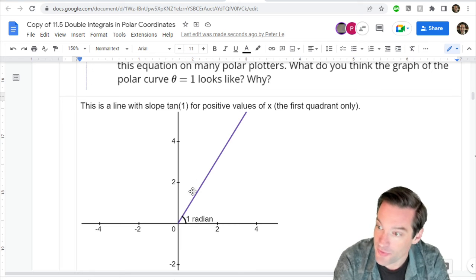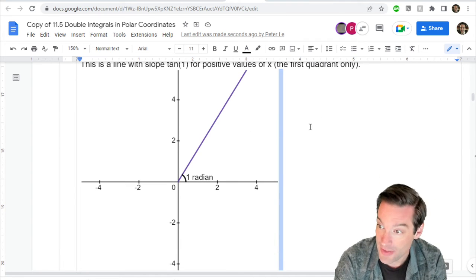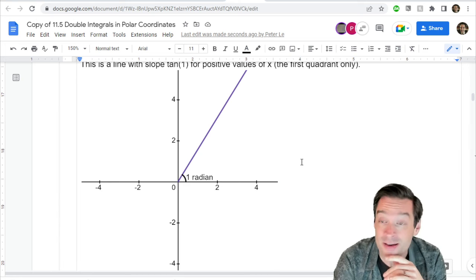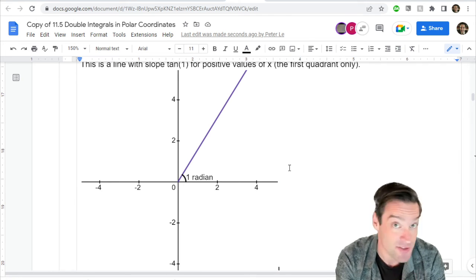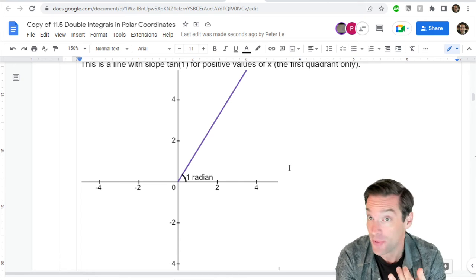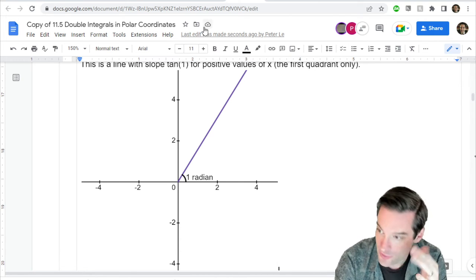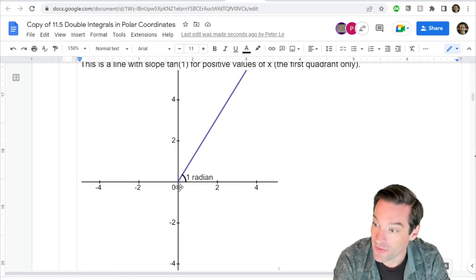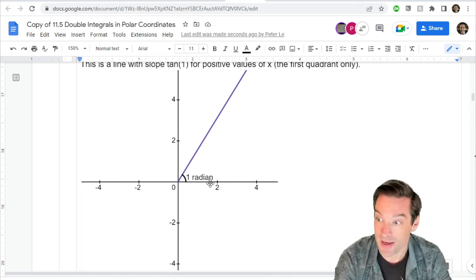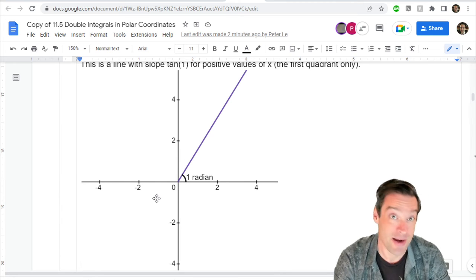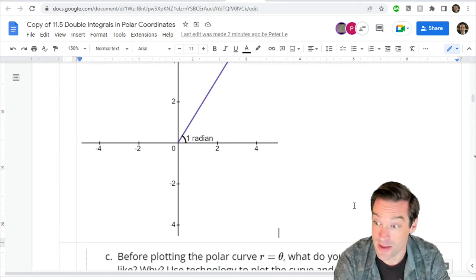When you were doing this problem, you mentioned that this line would have a slope equal to the tangent of 1, which I agree with. So that is another way to think about what tangent means geometrically. Tangent just means slope. The tangent of the angle is just the slope of this line. But we only get this ray. We don't get the full infinite line because the points that are in the third quadrant would make an angle of 1 plus pi radians with the positive x-axis rather than 1.